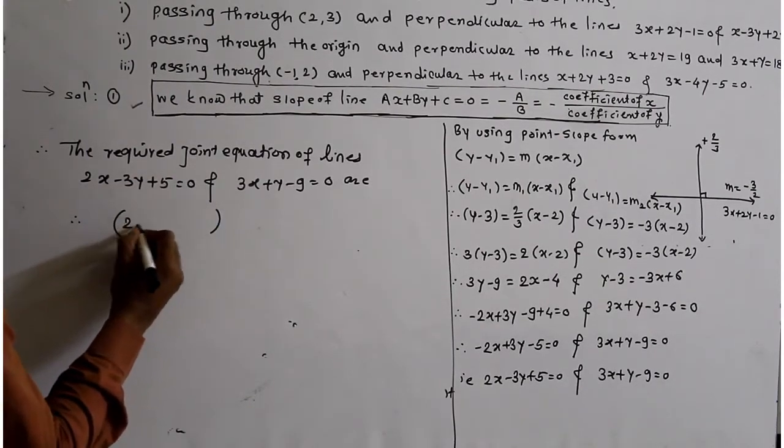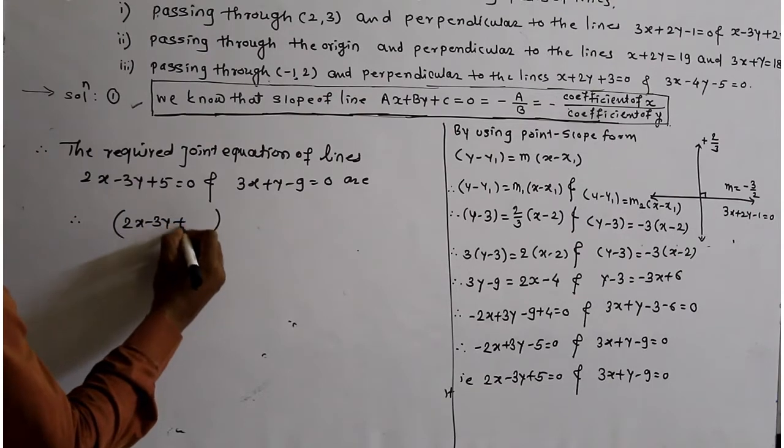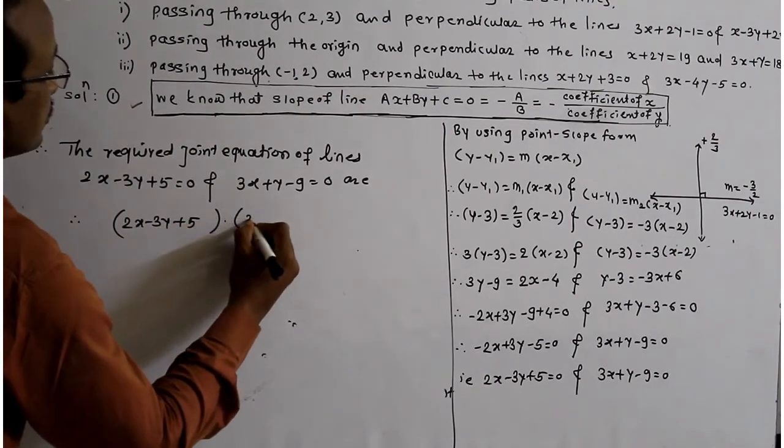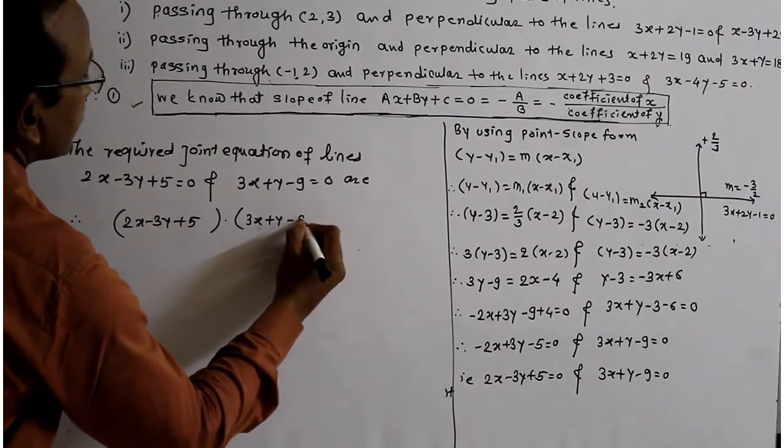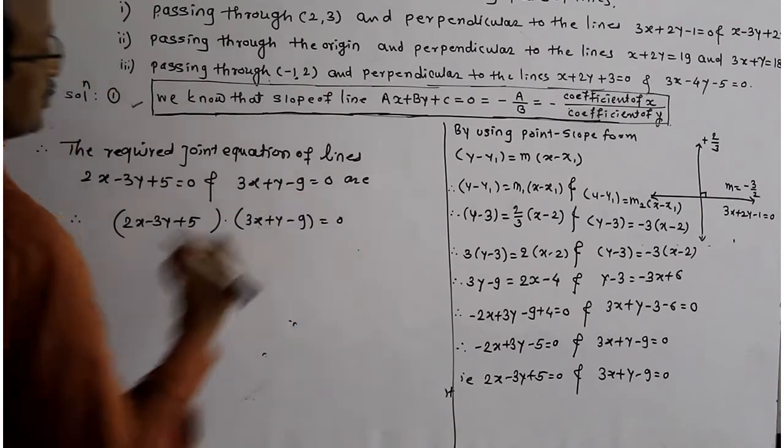Here (2x minus 3y plus 5) into (3x plus y minus 9) is equal to 0.